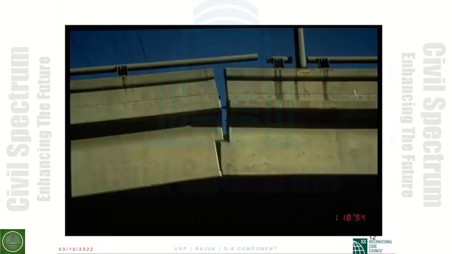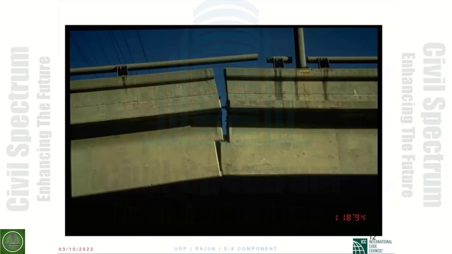This is what's called the expansion joint. We used to do that to allow the superstructure to move, to take down the temperature loading on the column. For temperature loading, you need to allow only very short movement.